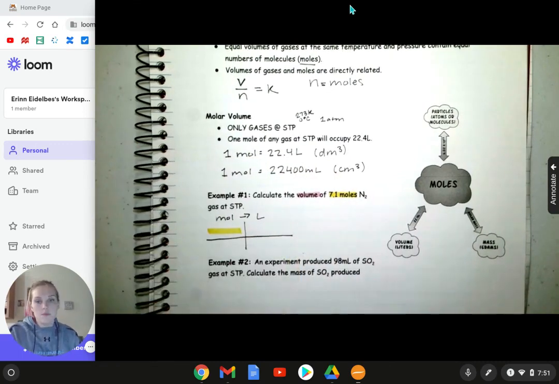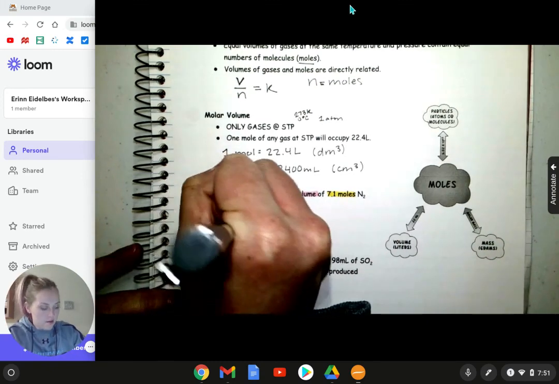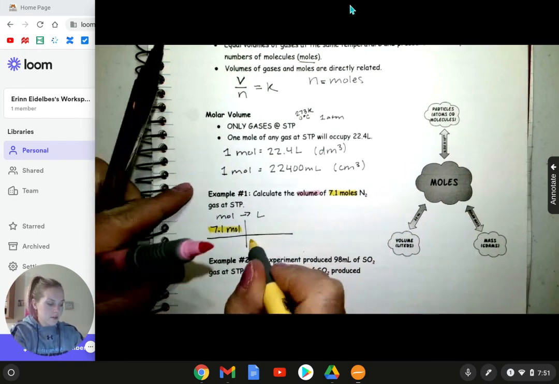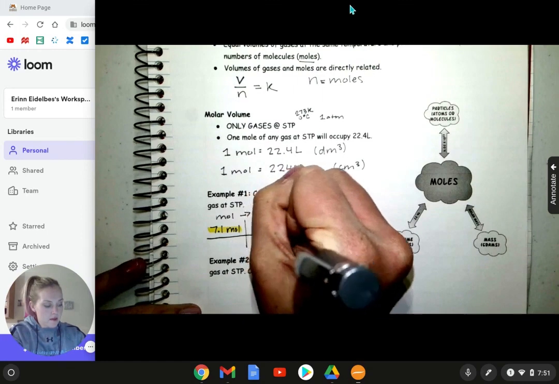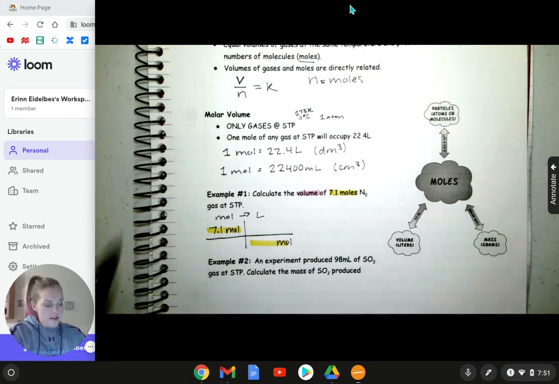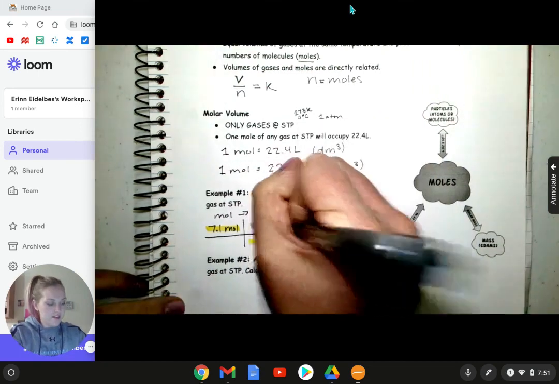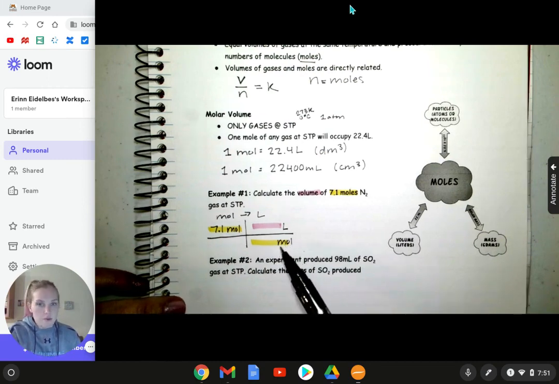What we're given always goes in that first box. We have 7.1 moles. Same color, same unit. Mole. And then we're trying to find that volume, which is liters. Here's where I'm going to use that conversion factor. Keep in mind that the unit tells you which number you're going to put there.